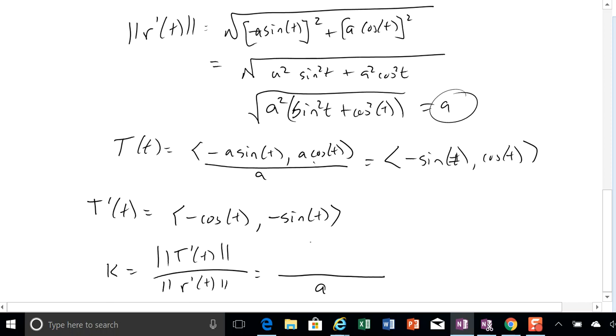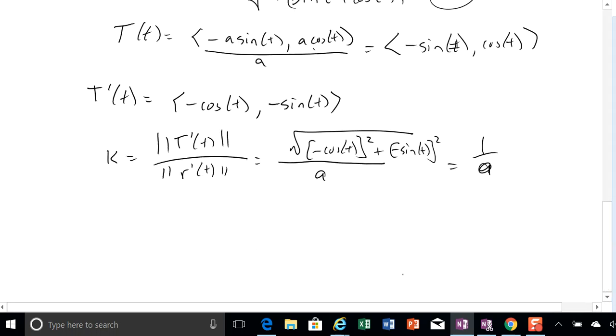The magnitude of T prime of t will be the square root of minus cosine of t squared plus minus sine of t quantity squared, which is just the Pythagorean identity, and simplifies down to 1. So we end up with 1 over a as the curvature.